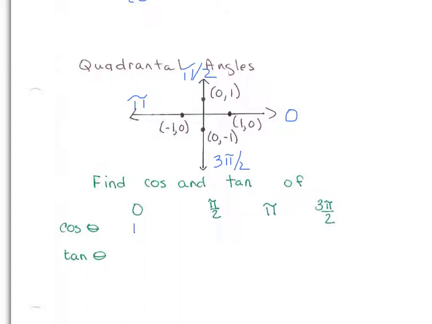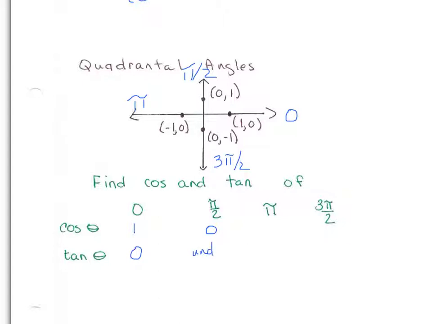What is it? Undefined or 0? Okay, what about pi over 2? What's the cosine of pi over 2? 0. Cosine of pi over 2 is 0. So what is the tangent of pi over 2? That one's undefined.